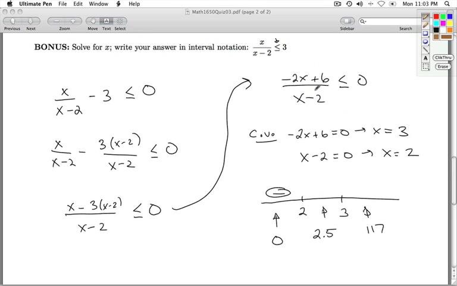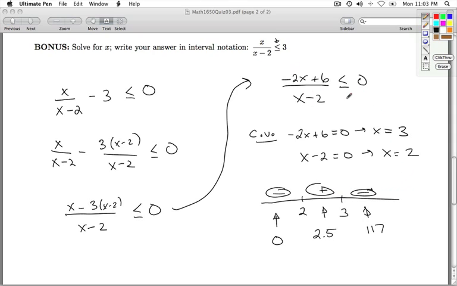Plug in 2.5, get a positive on the top, get a positive on the bottom, that gives me a positive. Plug in 11/7, get a negative on the top, positive on the bottom, I get a negative overall.